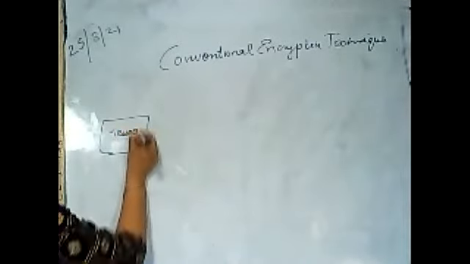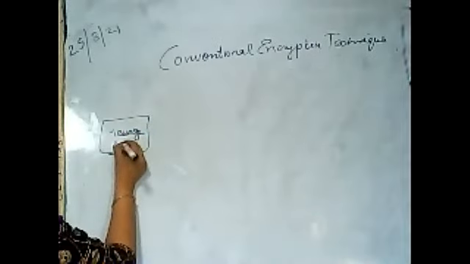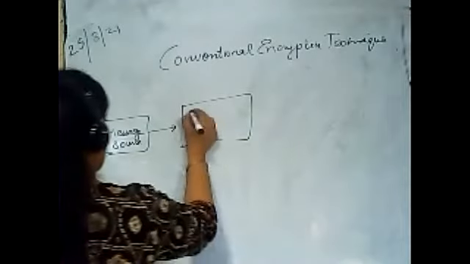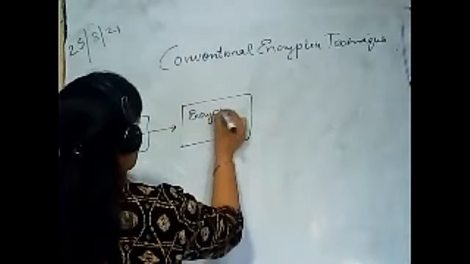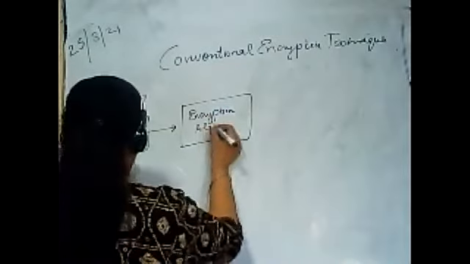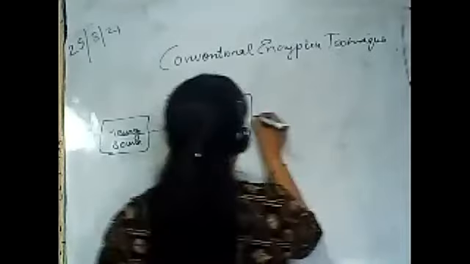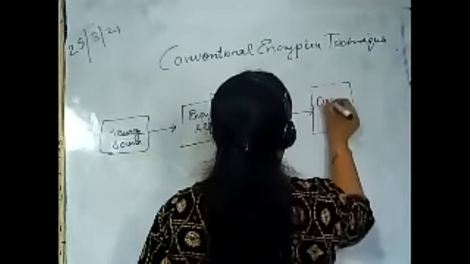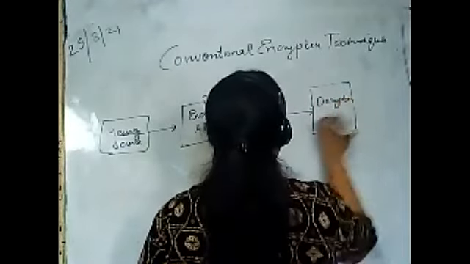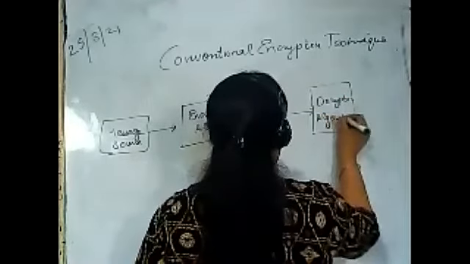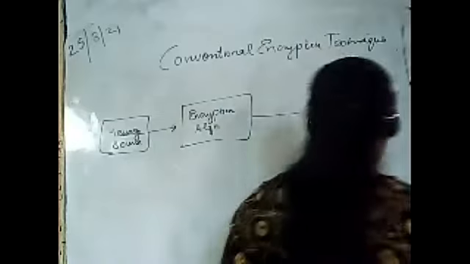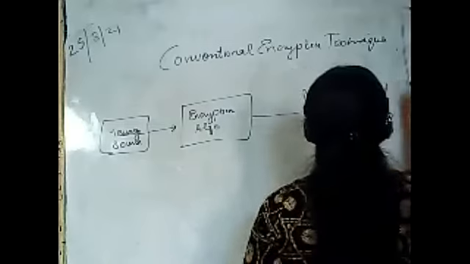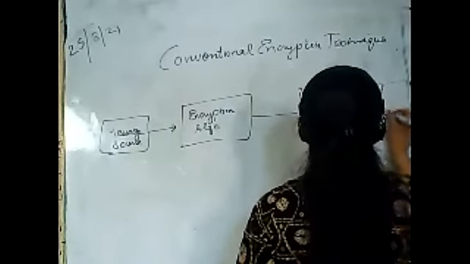So we have a message source, and then we need to follow a proper encryption algorithm, and then we have a decryption algorithm here. Then we define the decryption algorithm to recover that particular message at the destination.